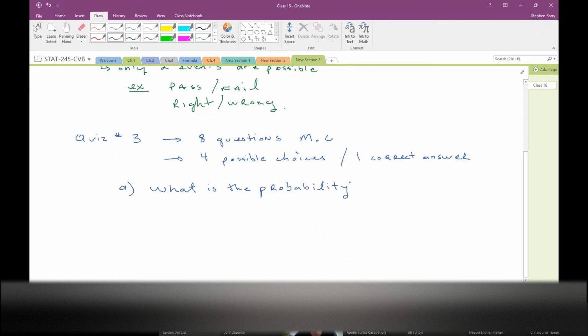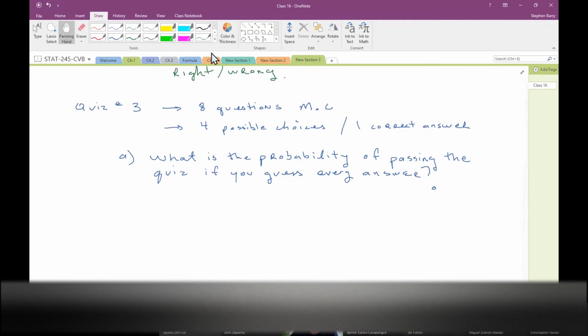What is the probability of passing the quiz if you guess every answer?